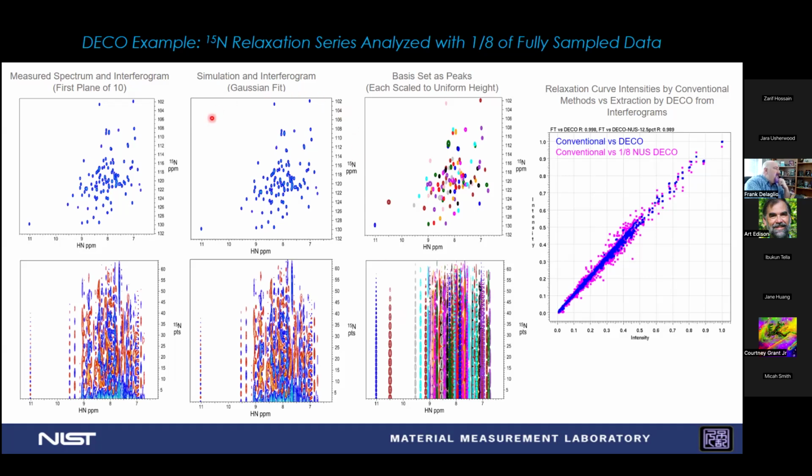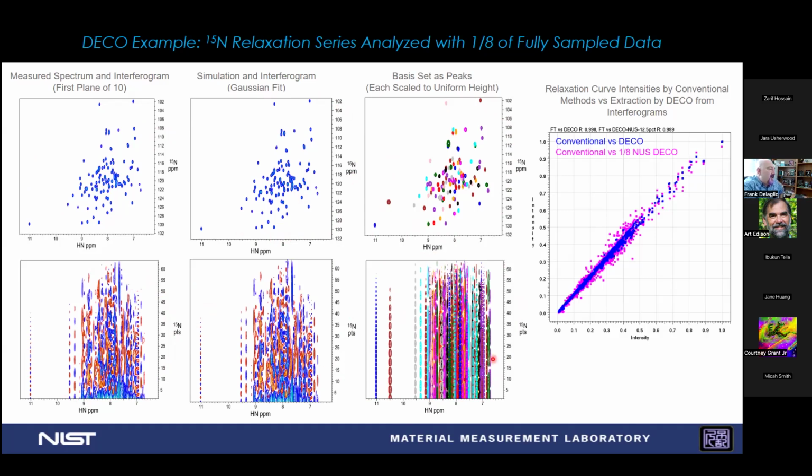We can either describe any plane in the data as the sum of these peaks, or we can describe any plane in the interferogram as a linear combination of all of these individual 2D interferograms. So this gives us a way to extract the intensities of these peaks on any of the planes in the data, which is the goal of the relaxation analysis.